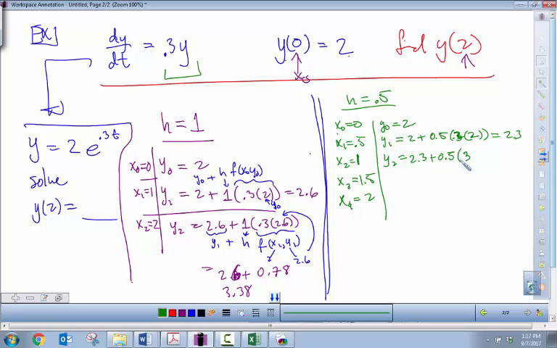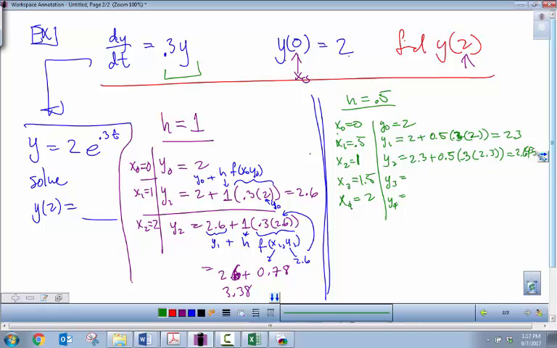So this is 0.3 times the previous y value, which is 2.3. And this one is 2.645.